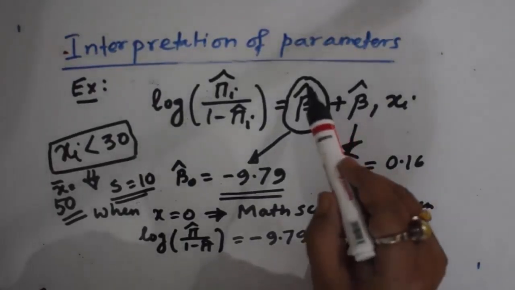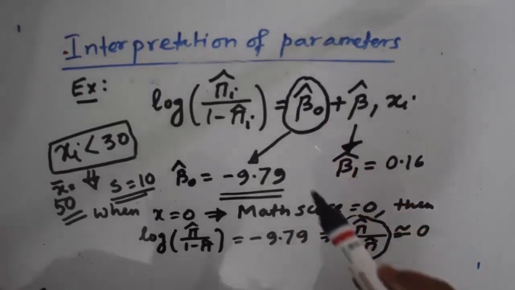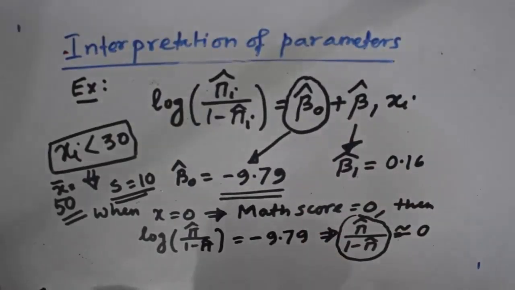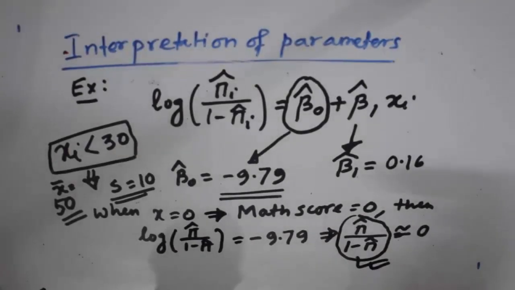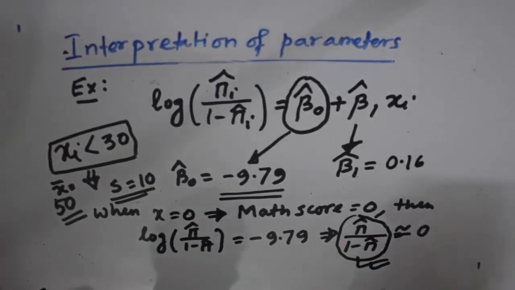So this corresponds to the log odds, that is the log of pi hat by 1 minus pi hat, estimate of log odds of being in an honors class when math is at the hypothetical value of 0.